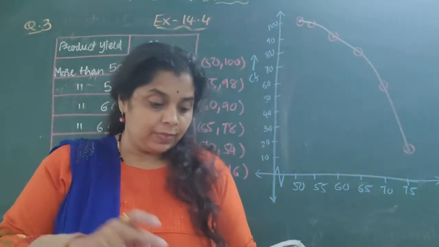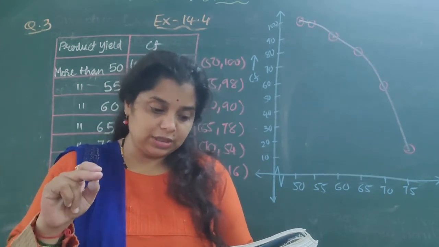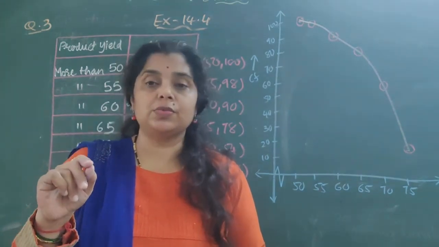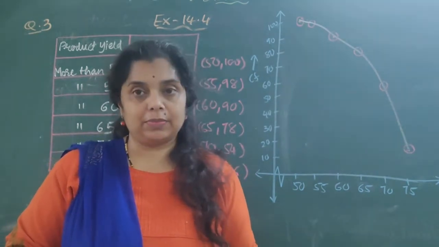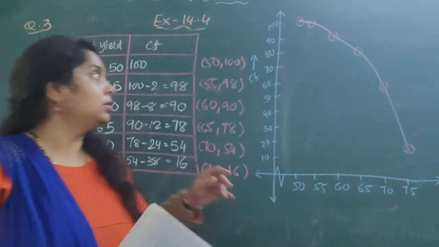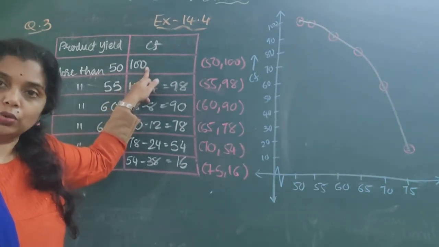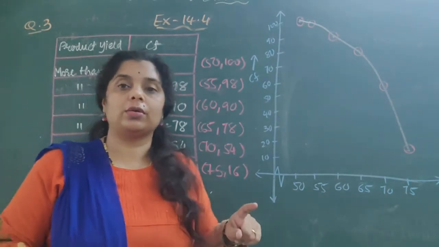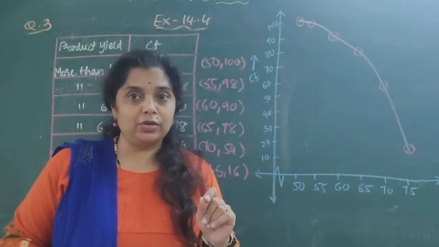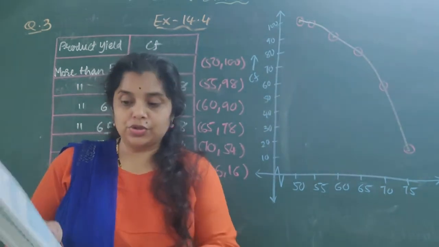Are you getting me? Here they are asking us to find the production yield, and the distribution we have to show graphically as more than type. So as the cumulative frequency, the total is 100, and in the last column you get the value given in the distribution table.